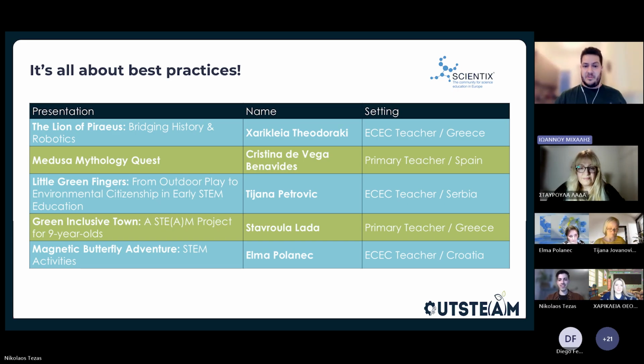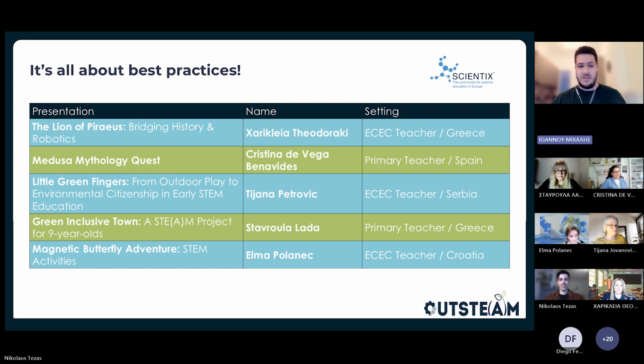Then Tiana Petrovic from Serbia, an early childhood educator, with little green fingers, from outdoor play to environmental citizenship in early STEM education. Also from Greece, Ms. Stavroula Lada, who is a primary teacher, will present the Green Inclusive Town, a STEAM project for 9 years olds.